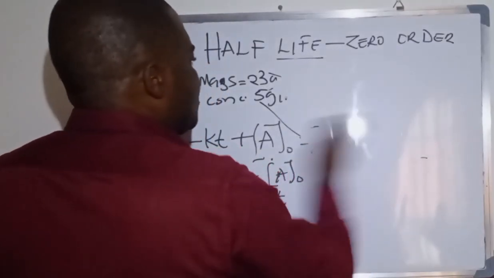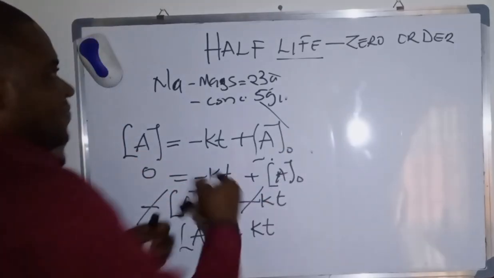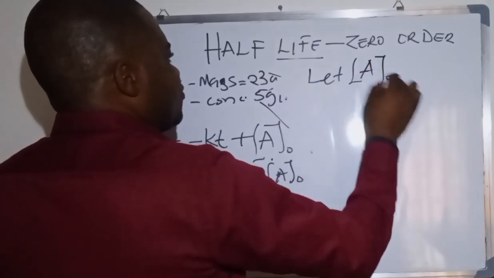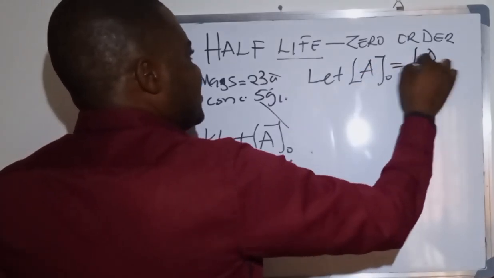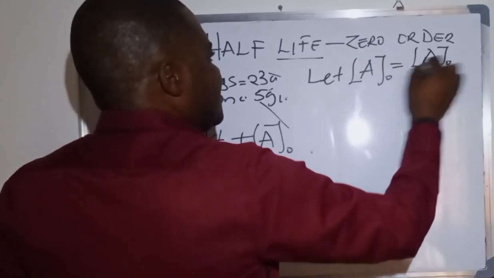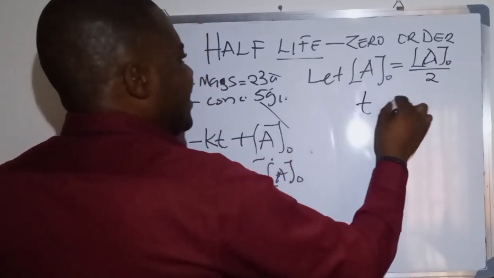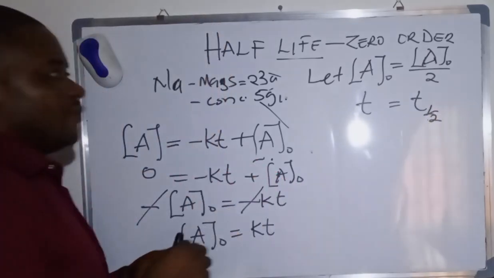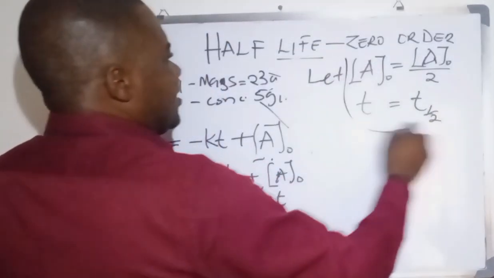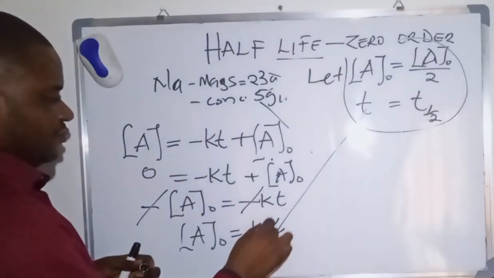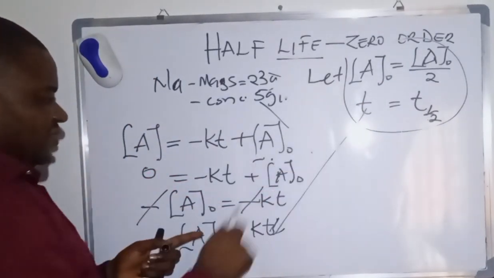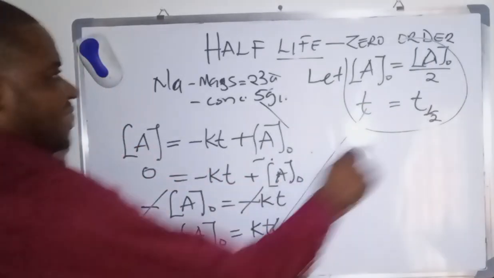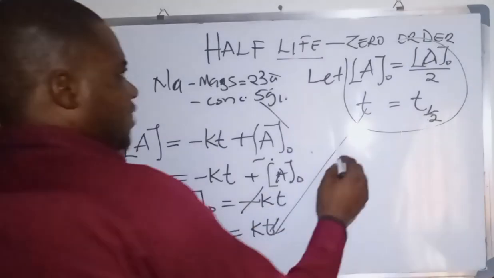So let the initial concentration of A be written as A0 all over 2, and let the time be written as half-life. This is how we write half-life, T one over 2. We are going to substitute this into the equation.